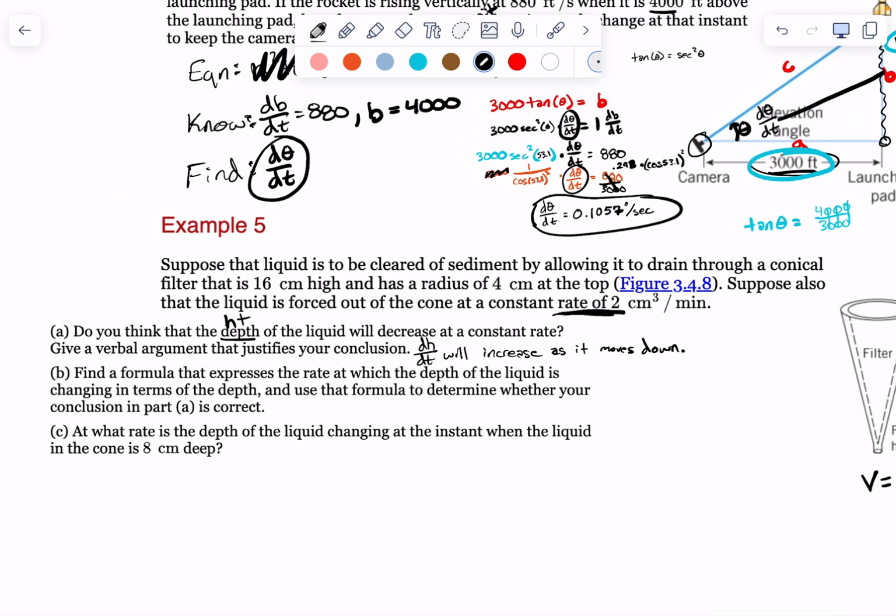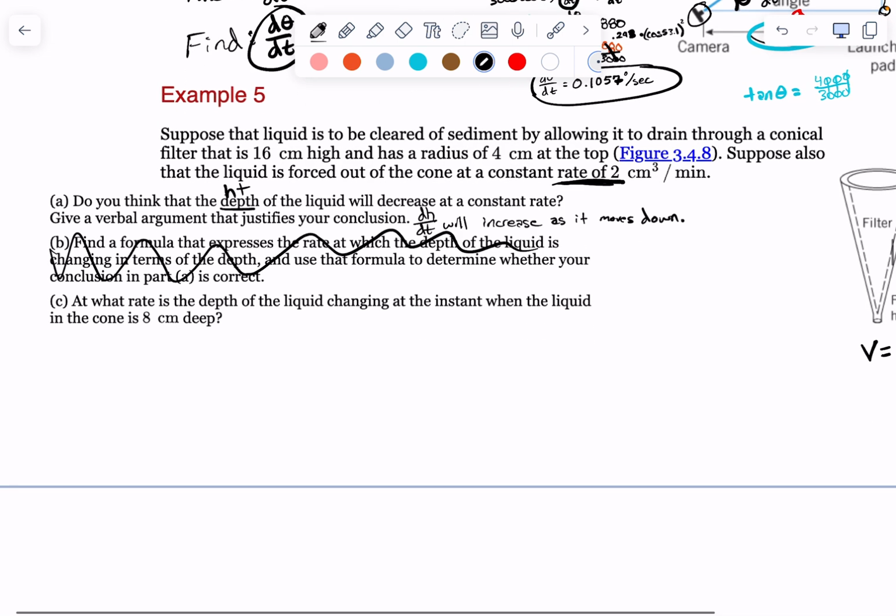Find a formula that expresses the rate at which the depth of the liquid is changing in terms of the depth, and use that formula to determine whether your conclusion is correct. Okay, we know that that's the answer, so I'm going to skip part B. Okay, at which rate is the depth of the liquid changing at the instant when the liquid in the cone is 8 centimeters deep?